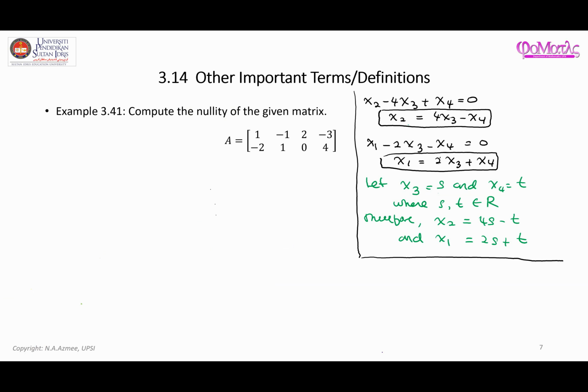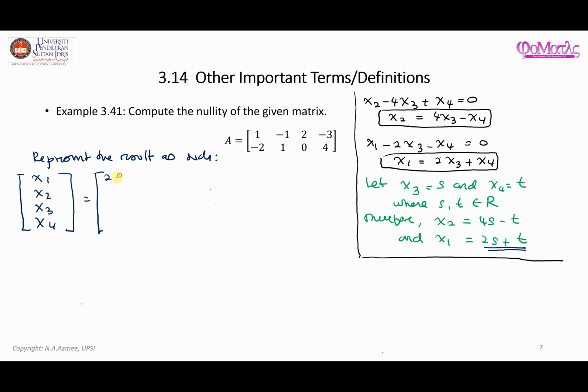Then we can represent the result in a slightly different notation. Here we have x1, x2, x3, and x4, and those are equal to: x1 is 2s plus t, x2 is 4s minus t, x3 is s, x4 is t.